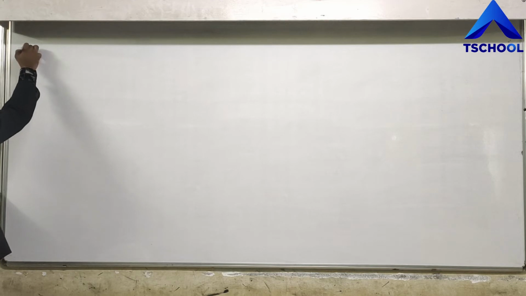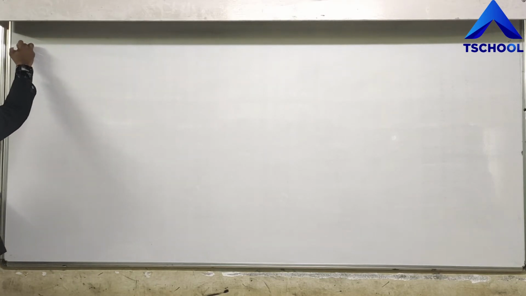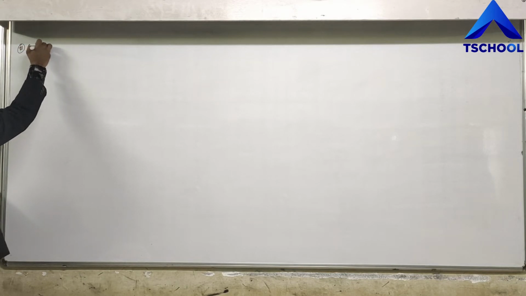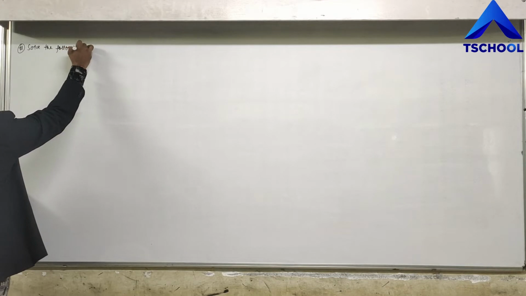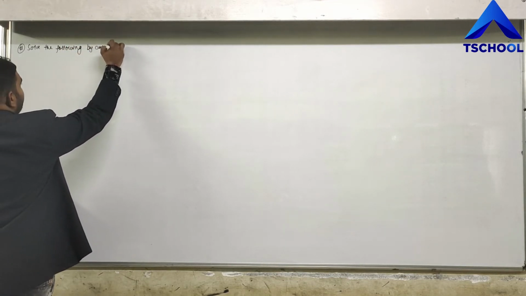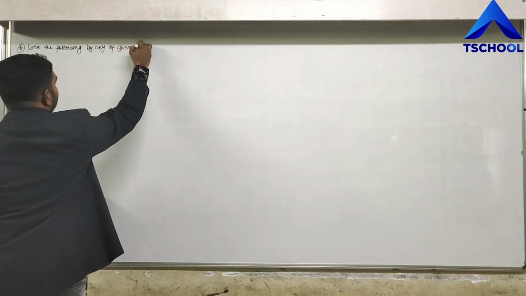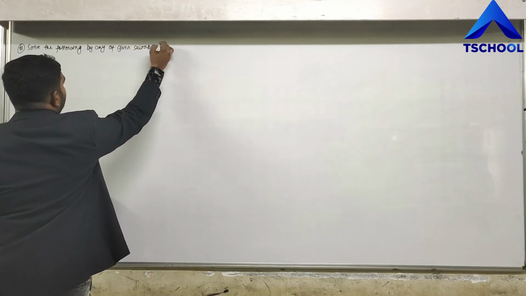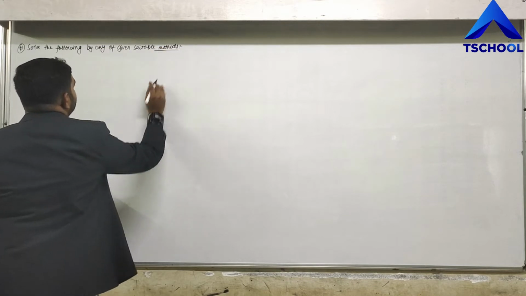That was the 11th one. Now these questions we are solving are about general practice. General practice, that means solve the following by any of the given suitable methods, right?